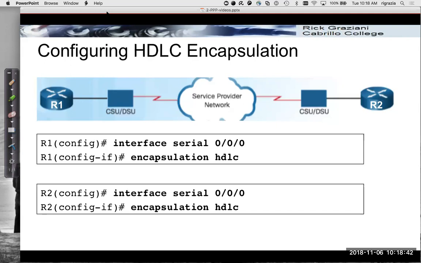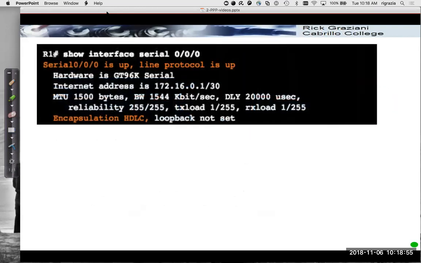So whenever you want to make sure the encapsulation is HDLC, you just say encapsulation hdlc in the interface serial submode. As far as verifying it, if we do show interface serial 0/0/0, we can see there on the last line, the rest of the output has been omitted, encapsulation HDLC.